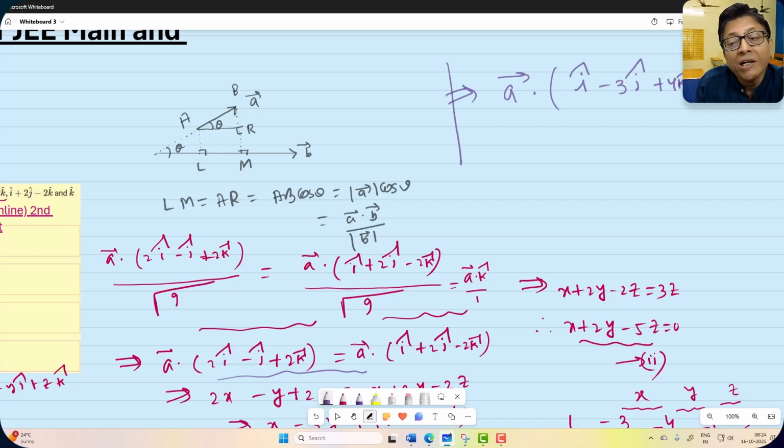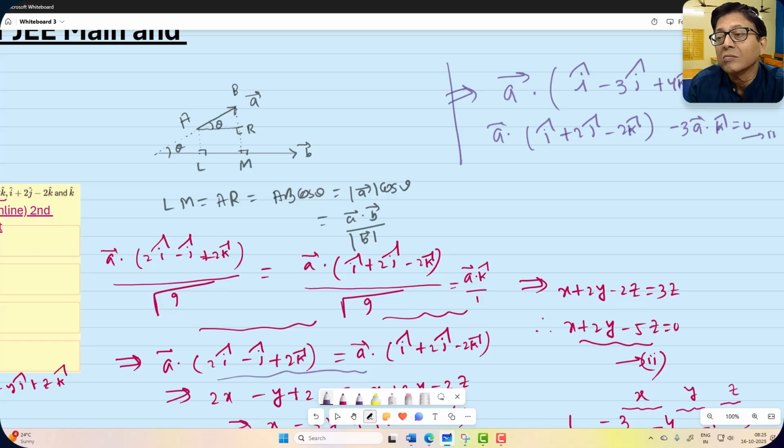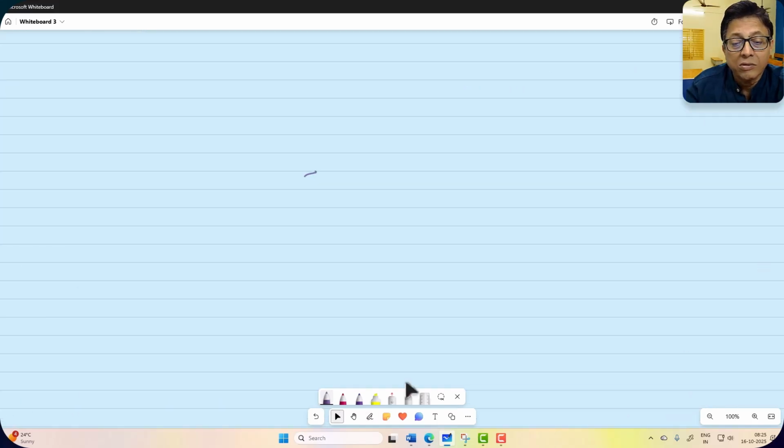And from here what you get? That A dot, from second and third, A dot i plus 2j minus 2k minus 3A dot k equal to 0, number 2. Okay? Now this one implies that A dot, just a minute.